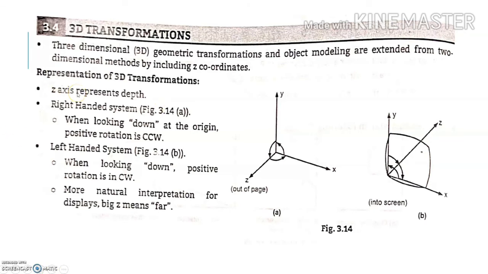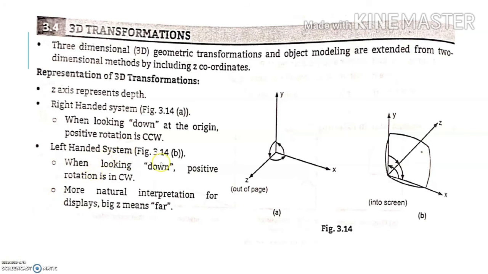What is the representation of 3D transformation? Here, the Z axis will represent the depth of that particular object. In this diagram 3.14a, you can see that when looking down at the origin, positive rotation is CCW, that is counterclockwise.